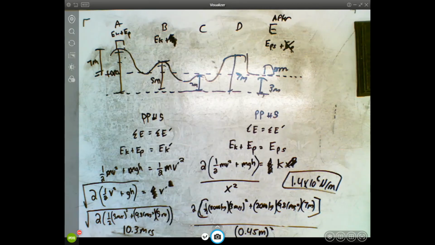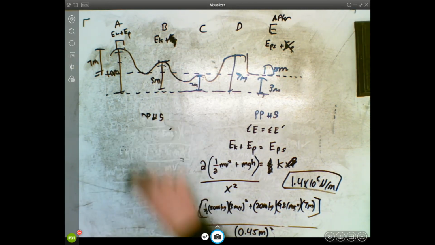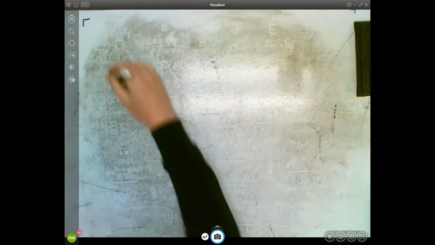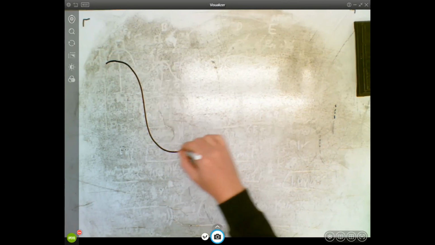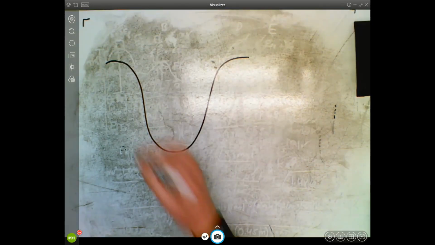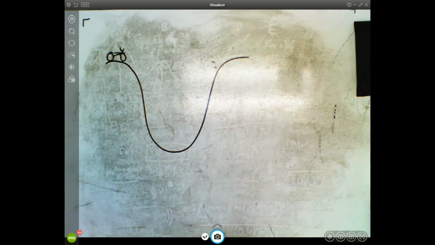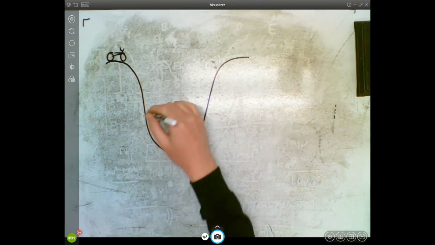Okay, so let's draw a picture of our cyclist. It says that the cyclist starts up top here. So this is our cyclist up here.